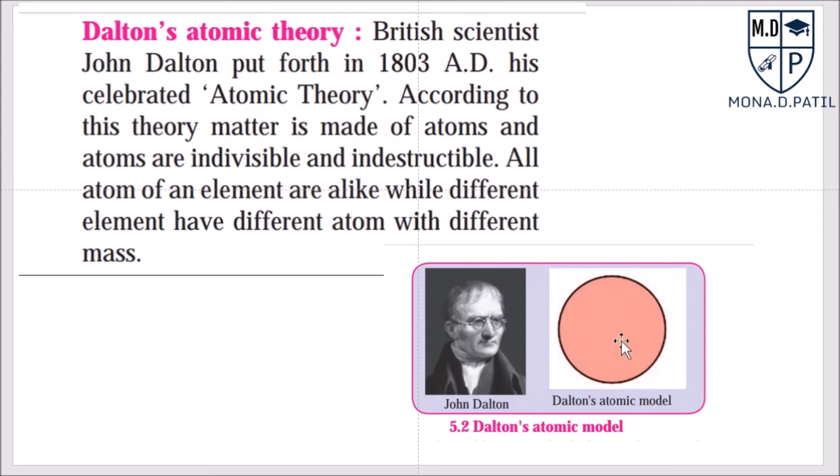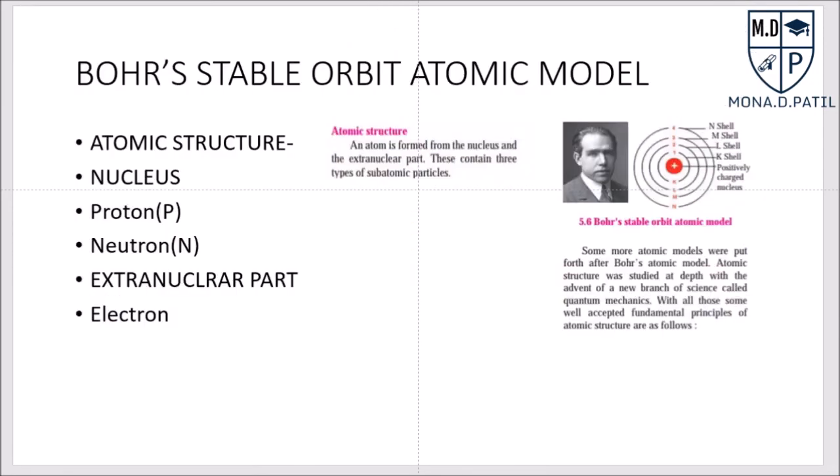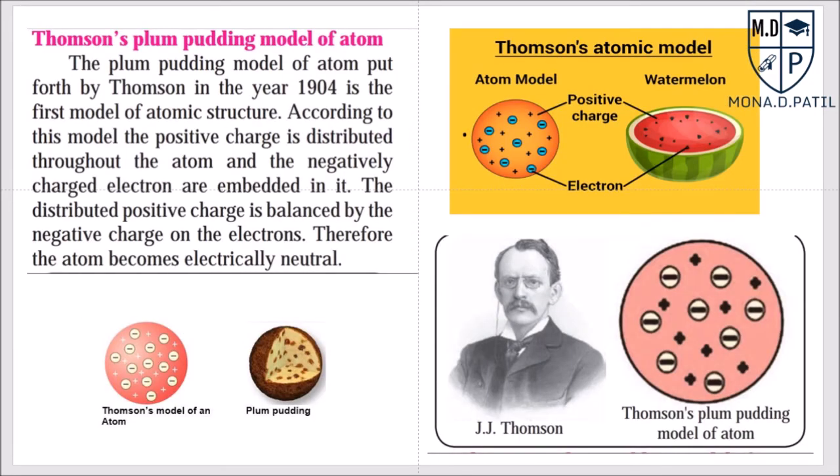Now next scientist, Thomson. Thomson's plum pudding model of atom. J.J. Thomson put forth his theory in the year 1904. The plum pudding model of atom put forth by Thomson in 1904 is the first model of atomic structure. According to this model, the positive charge is distributed through the atom and negatively charged electrons are embedded in it.